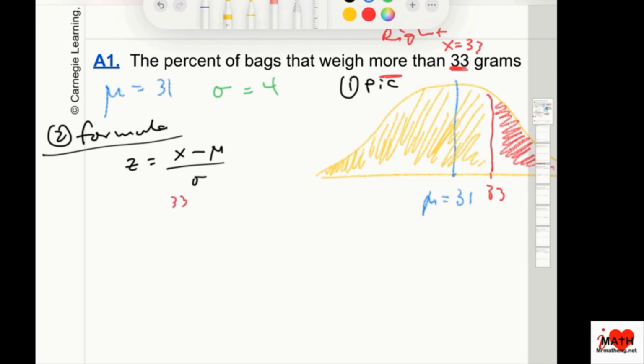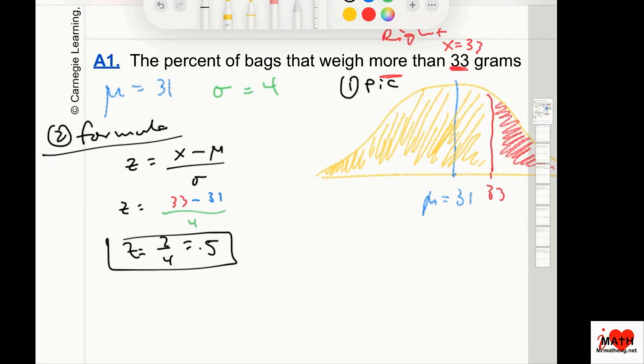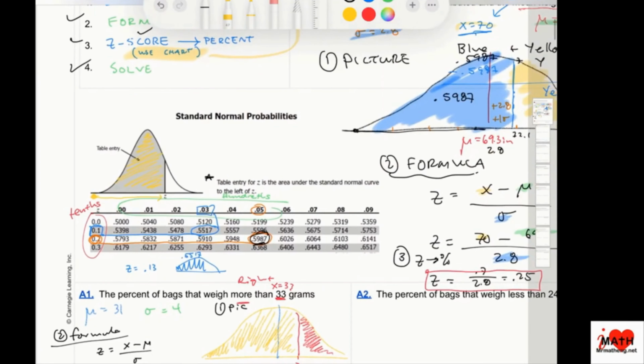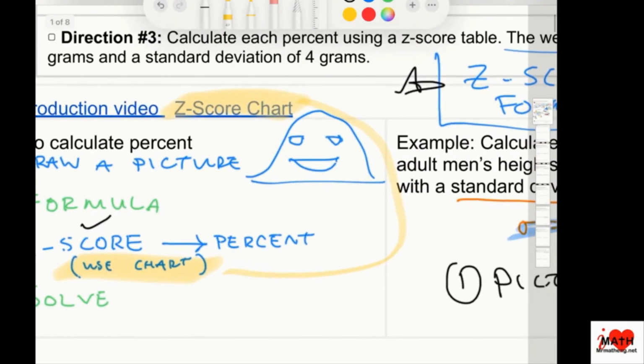And then the mean is in blue, so that's 31. And the standard deviation is 4. You're going to get 2 over 4, which is a z-score of 0.5. So I need to find basically z equals 0.5. All right, let's go ahead and click on this table up here.